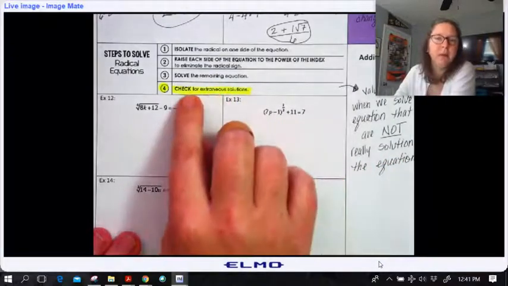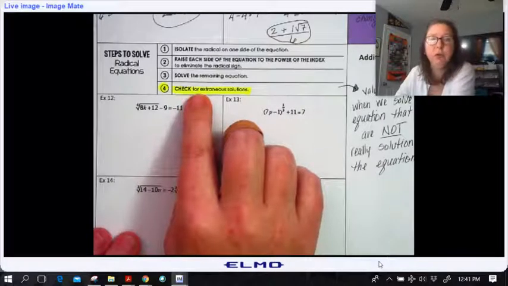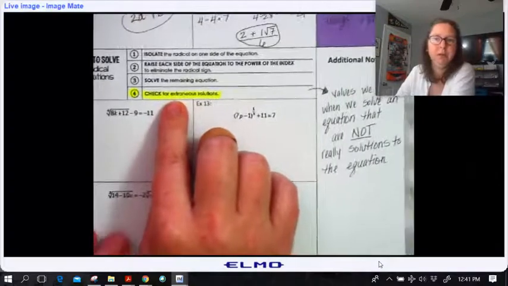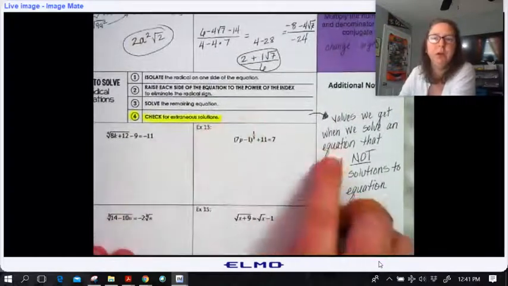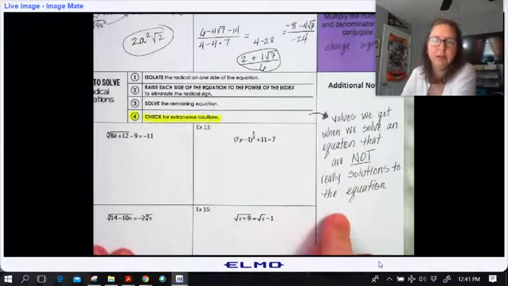Our last step, however, has to be to check for an extraneous solution. An extraneous solution is probably not something that you've ever heard of before. So over here in these additional notes, I just want you to write down what it is.